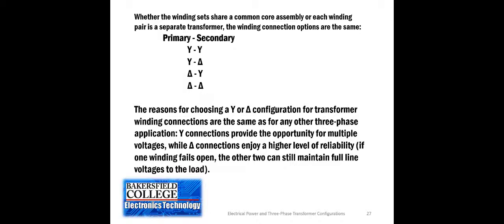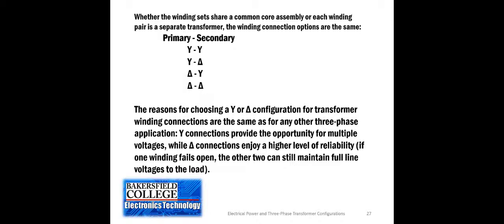Now, one of the things is the reason why we would choose each of those configurations. Delta has some advantages, Y has some advantages. Y is much easier to make multiple voltages like 120 and 208 than a delta.